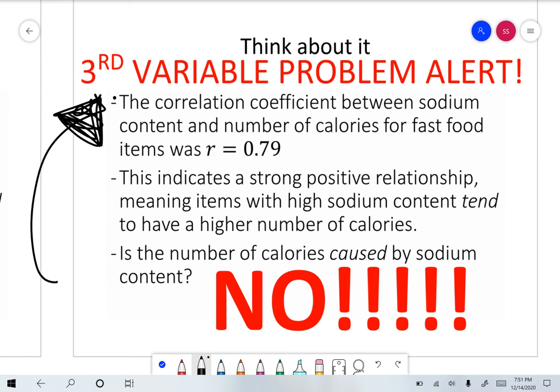But that does not mean that the number of calories was caused by the sodium content, right? There could be a huge number of other factors coming into play. It's not just sodium. Maybe it's fat content, maybe it's carb content, etc. There are other things that go into it. So it's not that sodium causes calories. It may be a factor in it, but it doesn't cause it.